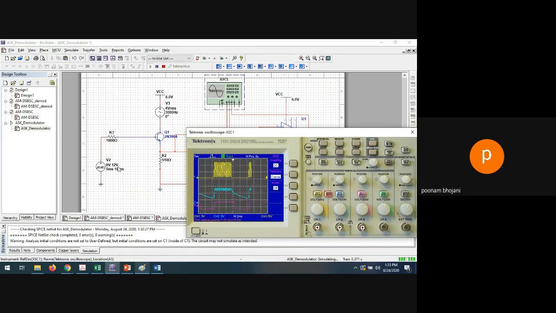Okay, so see, this is your ASK, on-off keying waveform. It is on, off, on, off, on, off, like that.